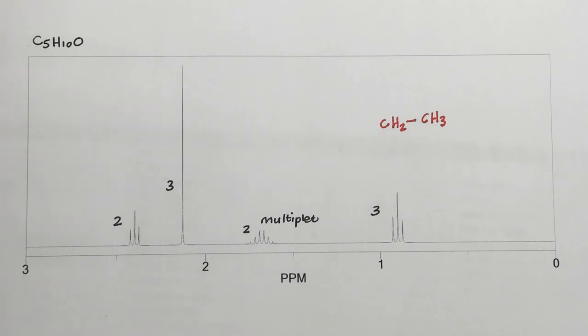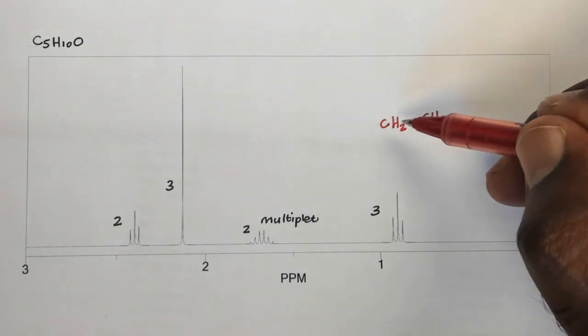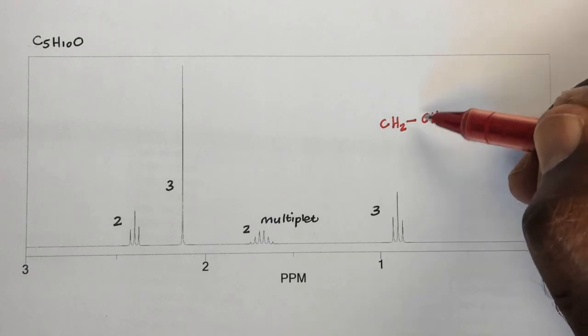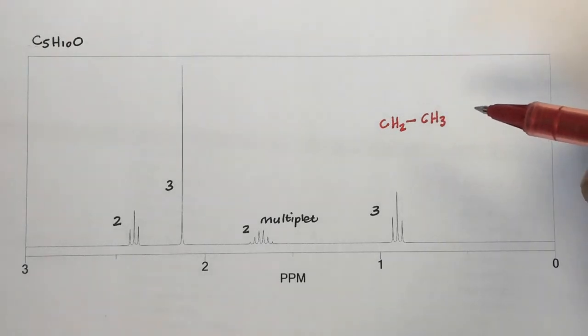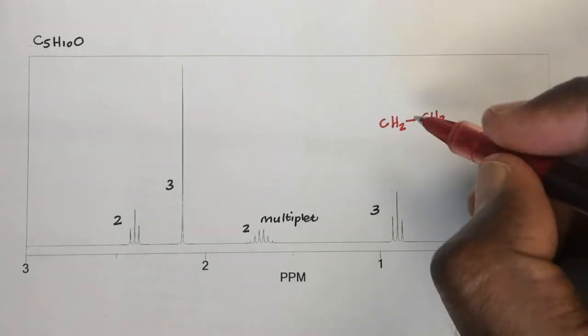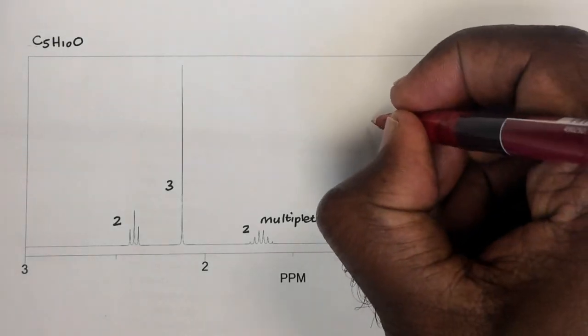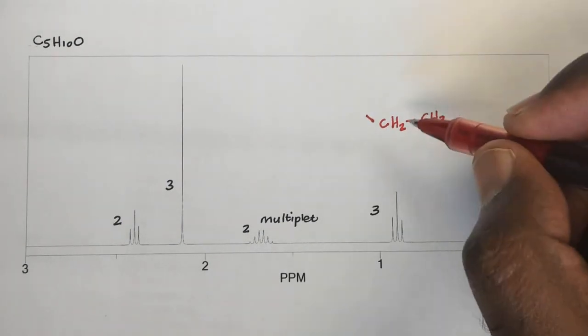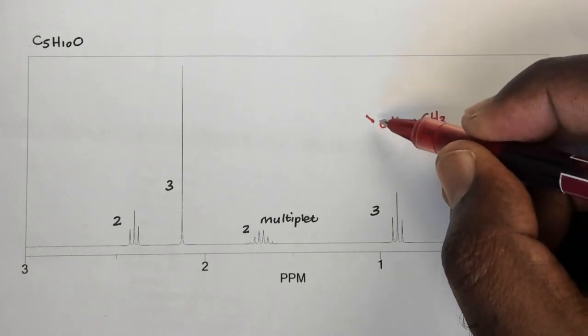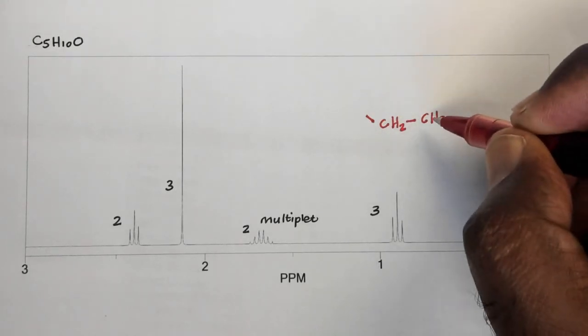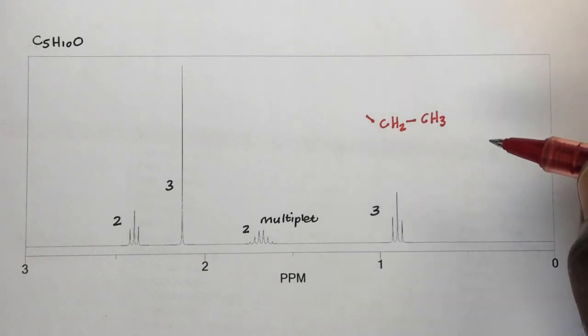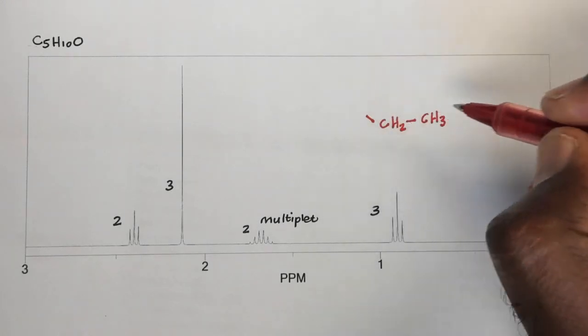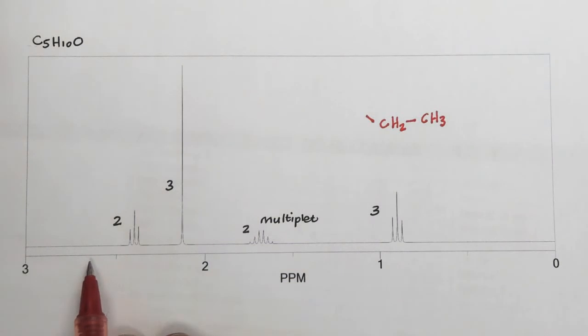If the CH2 group was only next to the CH3 group and not next to any other protonated group, remember that there's still one other group that goes onto this carbon atom, we would end up with this CH2 group being a quartet. And if I look at my spectrum, there isn't a quartet in my spectrum.